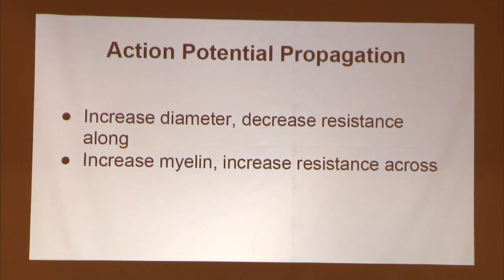Okay, so we want to decrease resistance along the axon, but increase it across the membrane, because we want to keep everything in, but we also want to allow things to move down well and efficiently. So increasing the diameter of the axon and myelination helps with that.